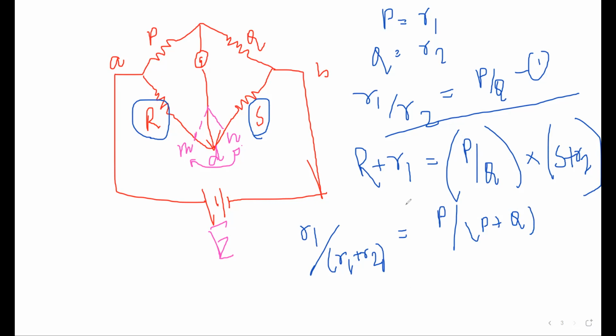Okay, so again, if we see the position of the resistance in our picture, then we can have this equation. So we can find out R1 from this equation. What will be our R1?